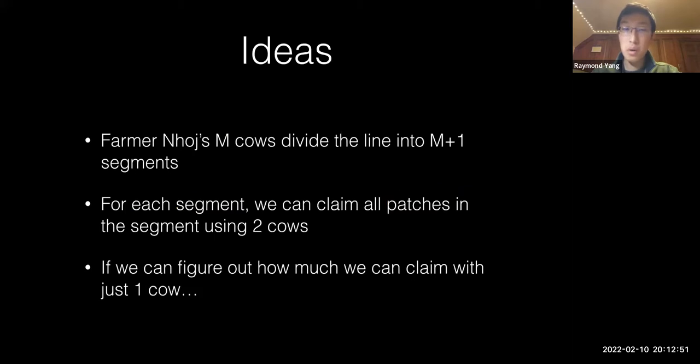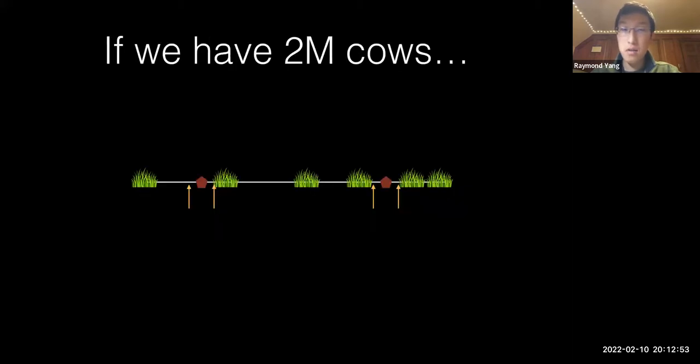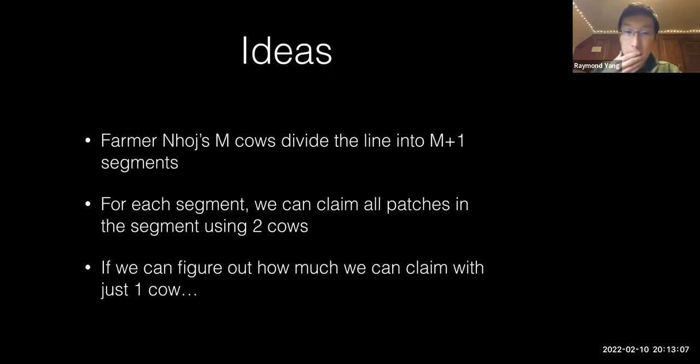And also, there's an edge case where for the 2 segments at the very left and at the very right, we only need 1 cow instead of 2 cows to get all the points. So we know that for each of these segments, we can claim all the patches using just 2 cows.